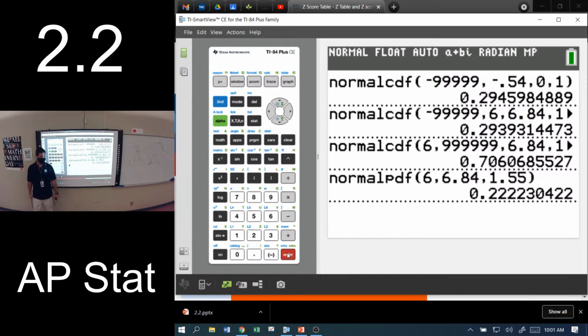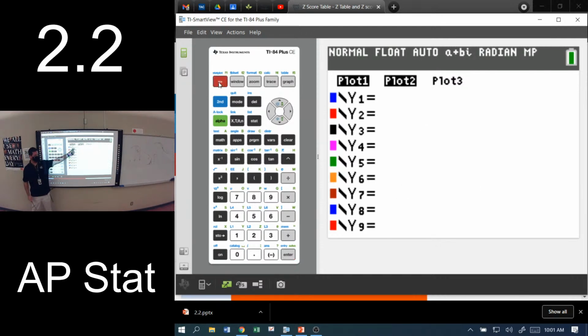It's ugly, but there is one for a normal curve. I have one that does it every year just because they like math, and I think it's pretty cool. But anyway, we don't do all that stuff. We just use normal CDF, which does the same thing. But those of you, if you put the equation right here and you did the integral from here to here, that's what your calculator's doing. It just does it all behind the scenes.